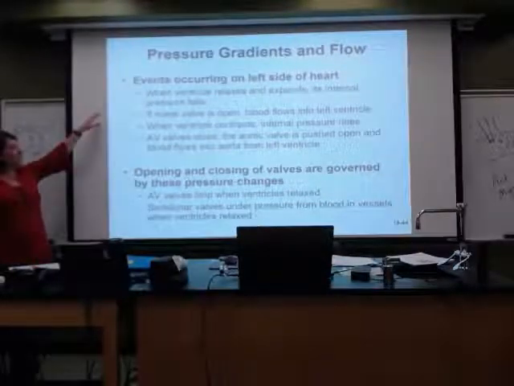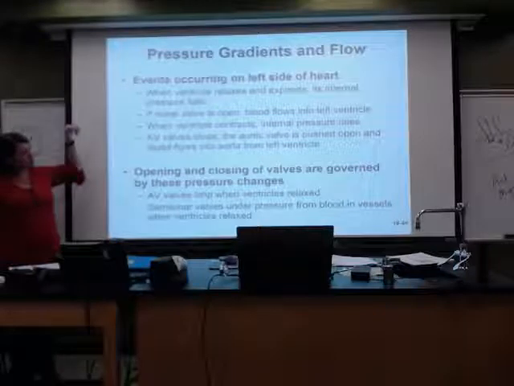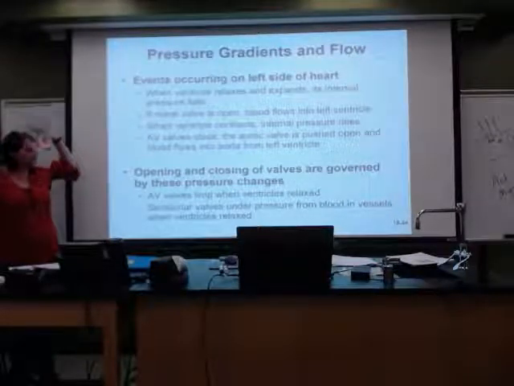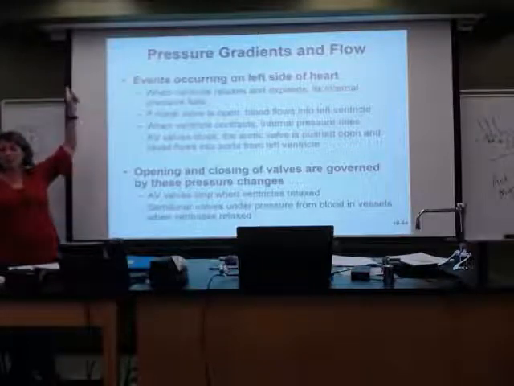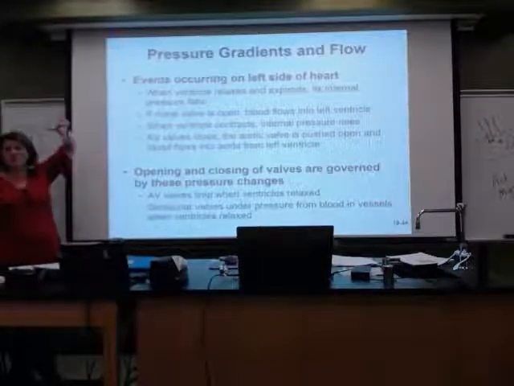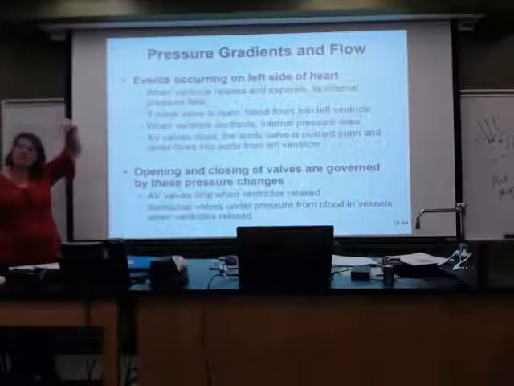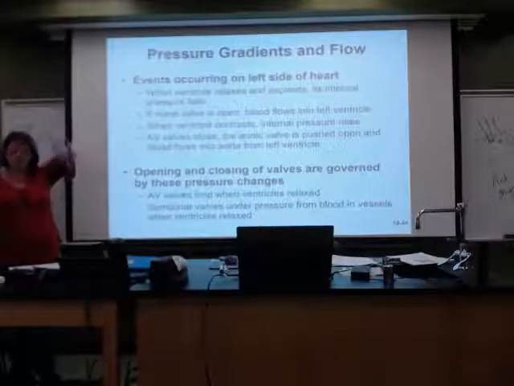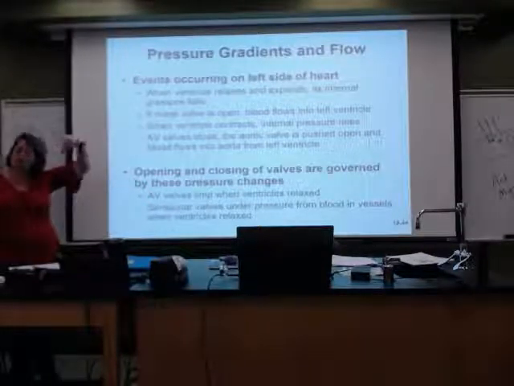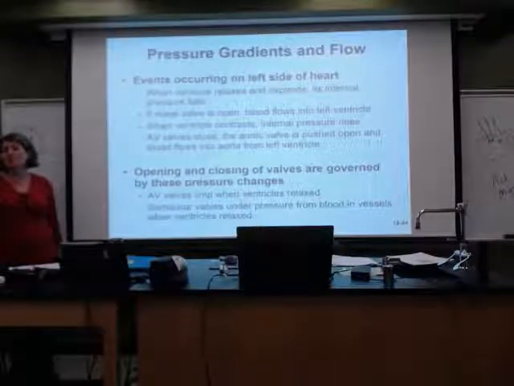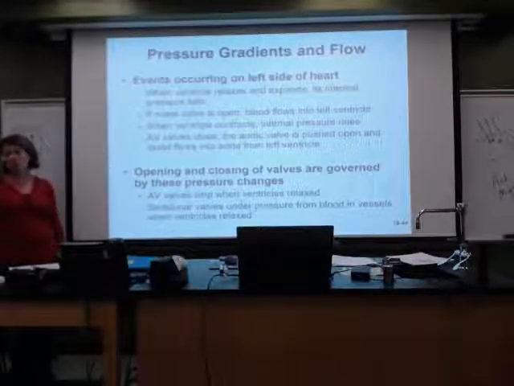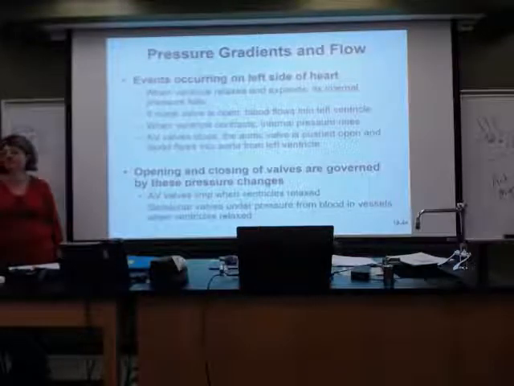So like I was saying, as the blood returns to the atria, atria pressure is low, blood fills up, pressure goes up, atrioventricular valves open, ventricle pressure is low, blood flows into the ventricles, pressure goes up, and they move into the pulmonic and the aortic areas.